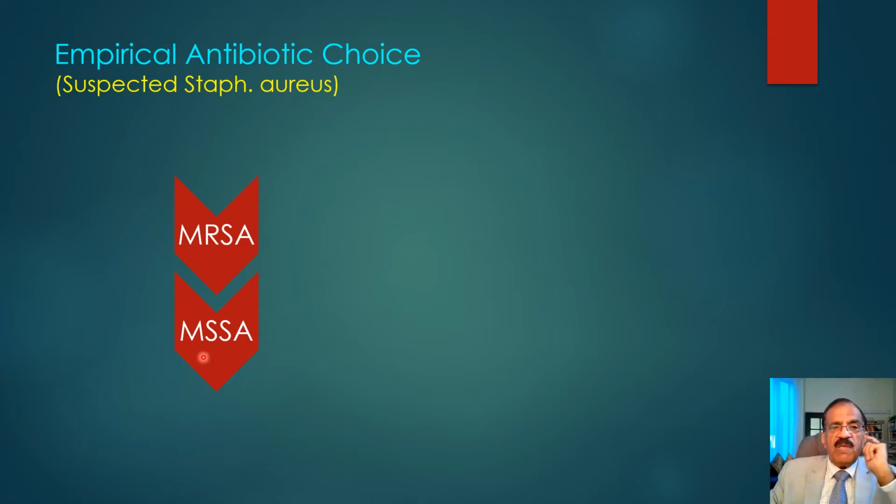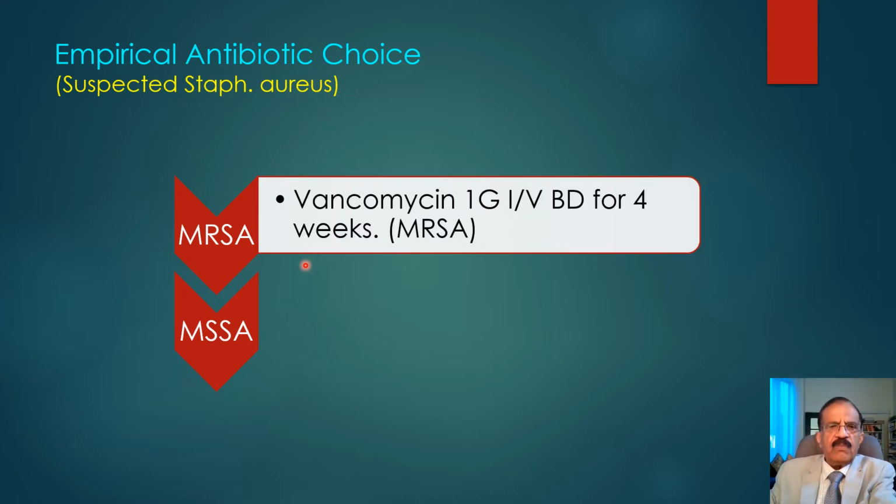So these would be relatively easier to treat, and penicillin based antibiotics will work, but the resistant one would require different antibiotics. So I think before we receive the culture, we do not know which one. So I think it would be safer to assume that this is MRSA. So once you receive the culture report, then you can maybe switch over to the other option.